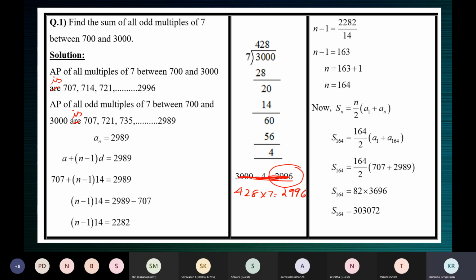You can also do it like this. 428 into 7. See, what I have done is, when you divide 3000 by 7, it leaves remainder 4, right? So if you take away that remainder, that number will be exactly divisible.